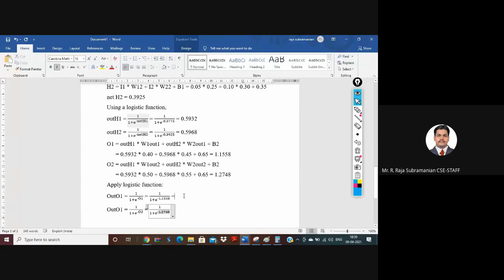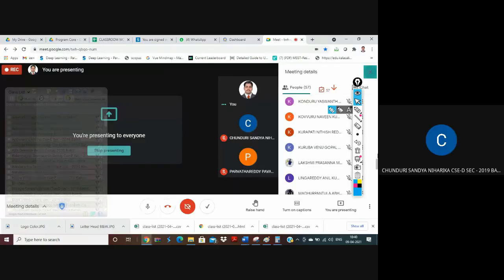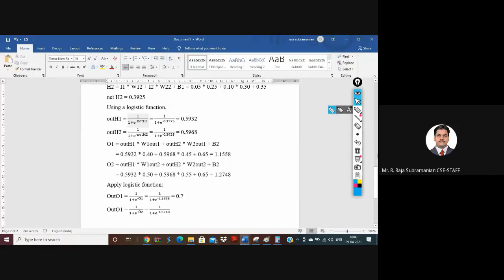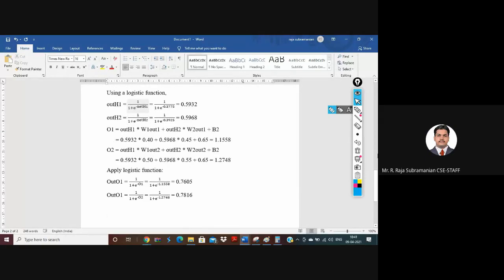So what will be the total value now after applying the logistic function? 0.7605, sir. 0.7605 for out O1, and for out O2 I think this also will be around 0.7, because the closer values are only 0.6. What is the value here? 0.7816. Fine.